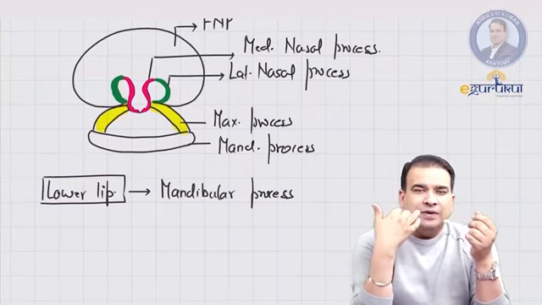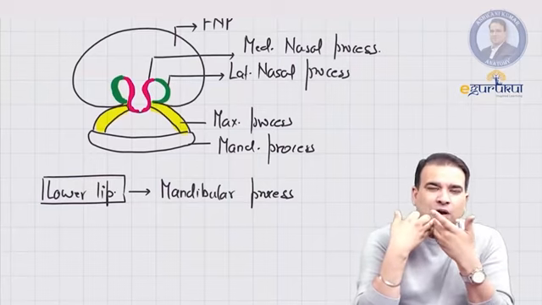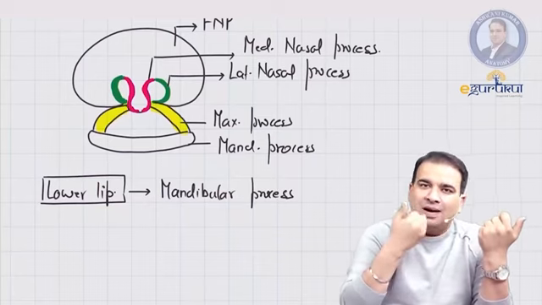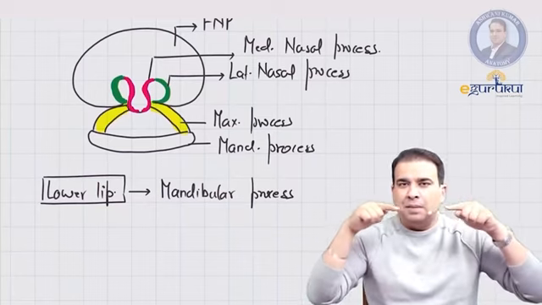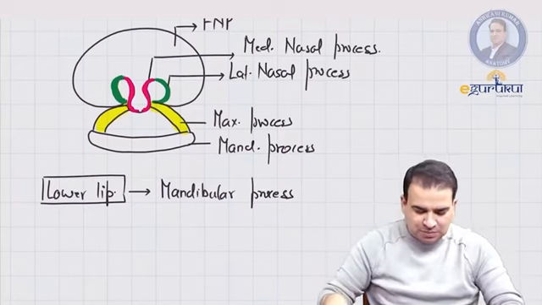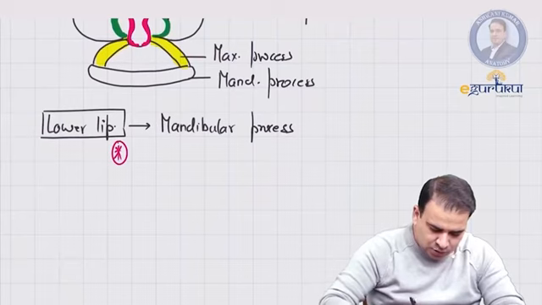But even if it is a case of cleft lower lip, you will not have a unilateral cleft lower lip or bilateral cleft lower lip. It will be a midline cleft lower lip only, just because of the non-fusion of the two mandibular processes which fail to fuse in the midline. So if I can write that for you.